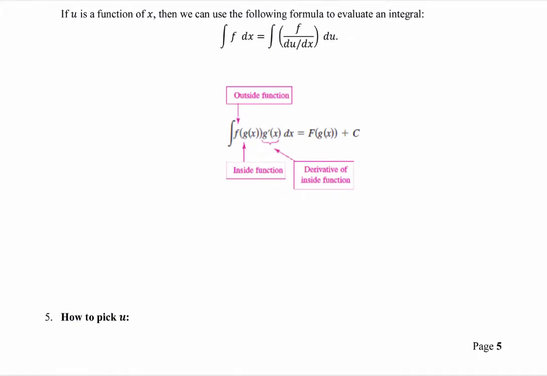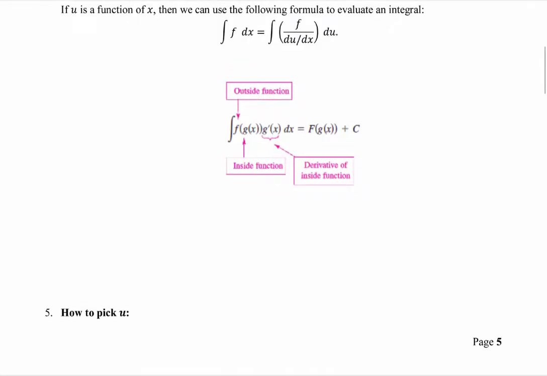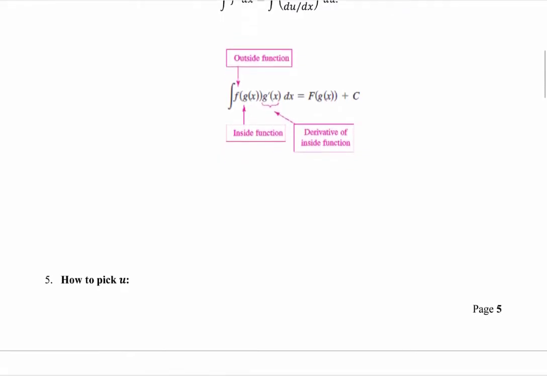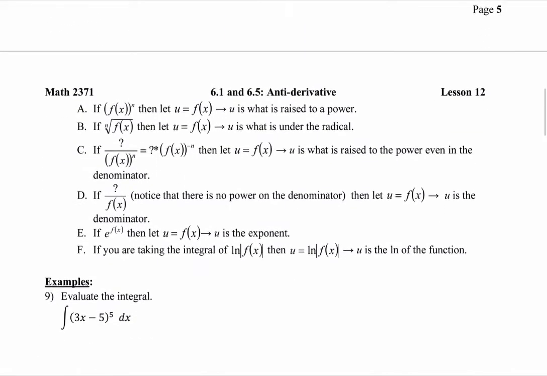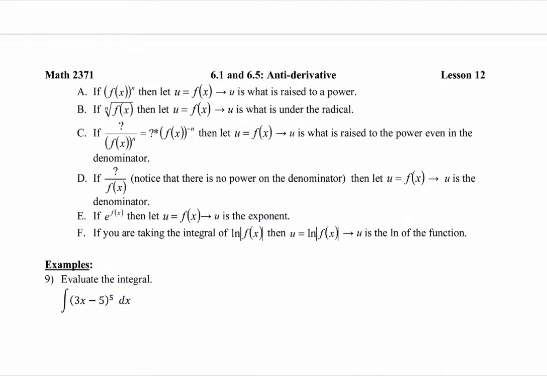Now let's go down and look at some examples. I've given you a list here of how to pick u's, and I want to tell you that these three are going to be used in 3372, and these are for exponentials, for e to the x and ln.